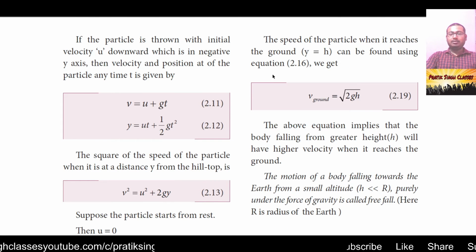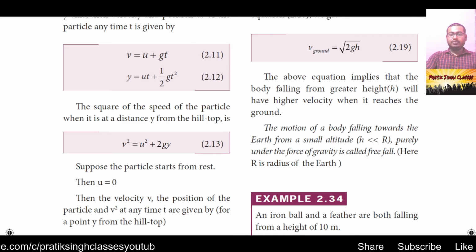It can be found using equation 2.16, that v is equal to root 2gh. The above equation implies that a ball falling from greater height h will have higher velocity when it reaches the ground. That means the higher the height, the higher the velocity when the ball is about to touch the ground.